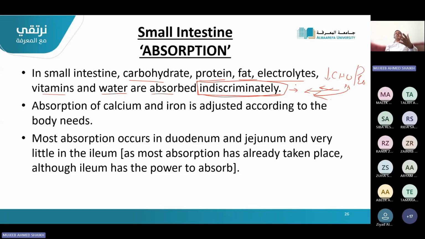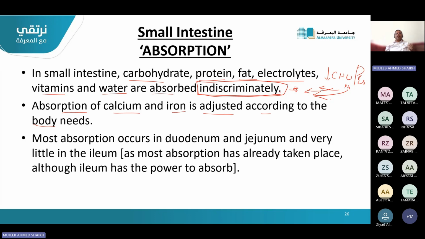Now, you will understand this when I tell you the second step. Whereas absorption of calcium and iron is adjusted according to the body need. Here, whatever fat you eat, it will be absorbed. If you eat more glucose, it will be absorbed. If you eat more protein, it will be absorbed, whatever quantity is present. That's why it is called indiscriminately.